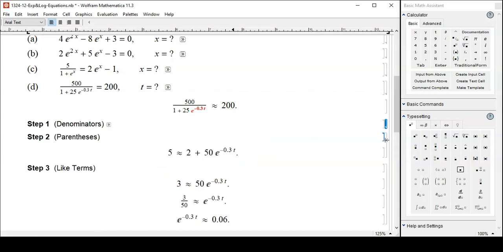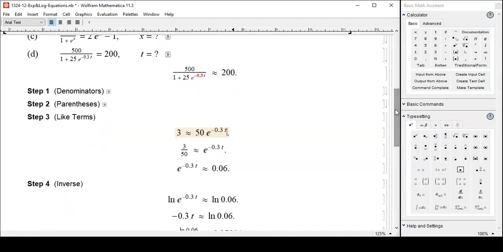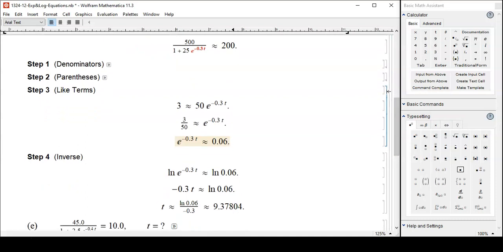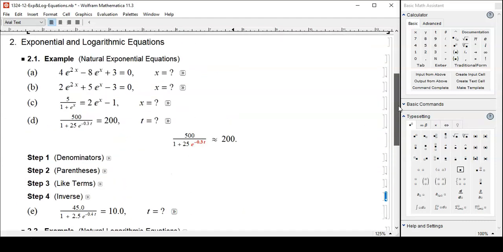Take the like terms together, flip this 2 to the other side, and then you can go ahead and solve for e to this one, negative 0.3t. And then you have all those computations done. Okay, we have exponential. Go ahead and take natural logarithm, and then punch it into the calculator. That's how you do it. That's the standard process.